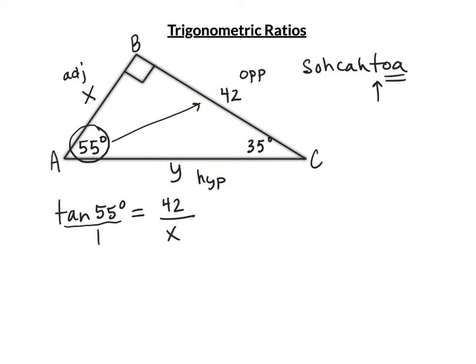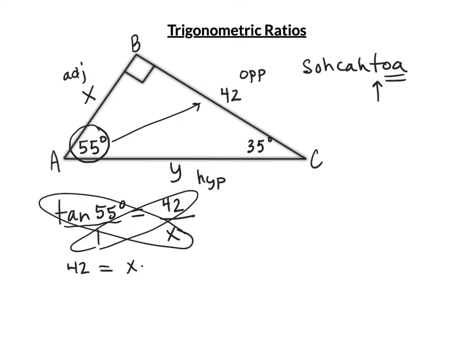I'll cross multiply. 42 times 1 is 42. X times the tangent of 55 is x times the tangent of 55. Remember your inverse operation. To get x by itself, I need to eliminate this multiplication, which means I need to divide. Tangent of 55 is just a number. It's a decimal. I'm going to divide both sides by that number.